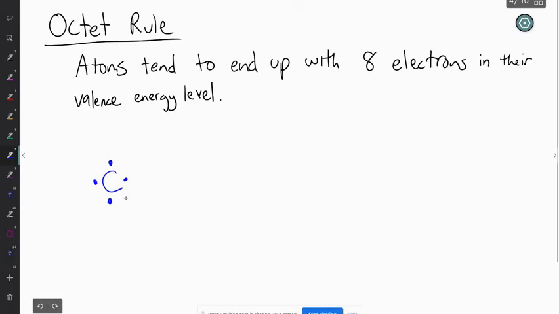I mean, essentially, if we're saying 8 is the goal for any element, I'll use X as a generic element because there's no element named with the symbol X. The goal is to get all 8 of those spots full.